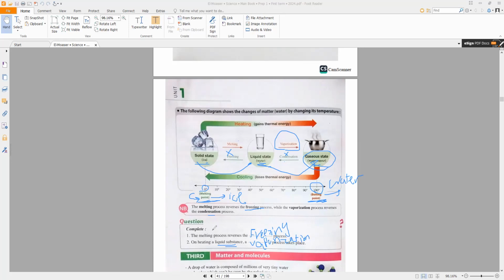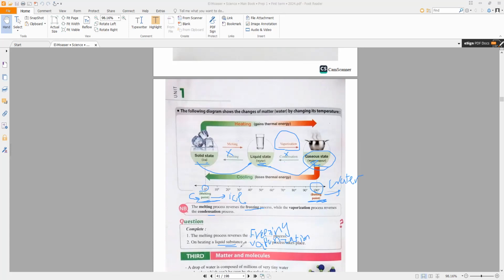So this is the question on this diagram. The melting process reverses the freezing process. Okay, if I ask you, the condensation process reverses what process?